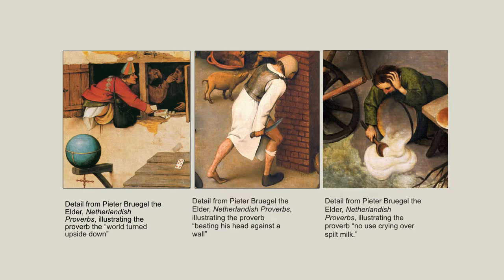For example, these three details from the painting here, starting with the left, you have an illustration of the world turned upside down. So we can see the globe there that has been turned upside down. In the middle, you have a gentleman who is, quote, beating his head against a wall.